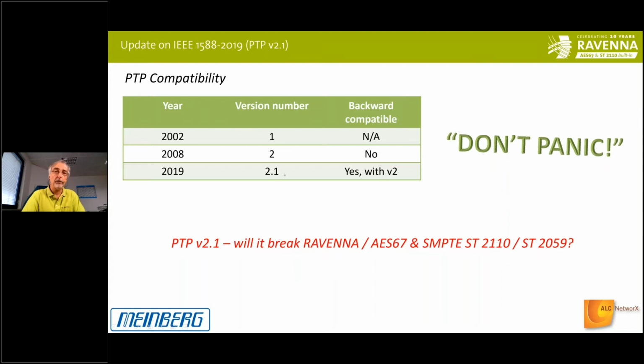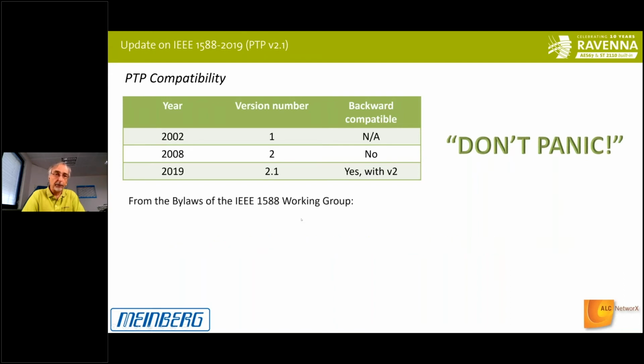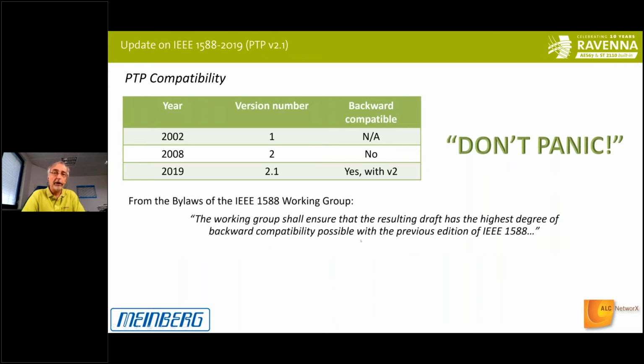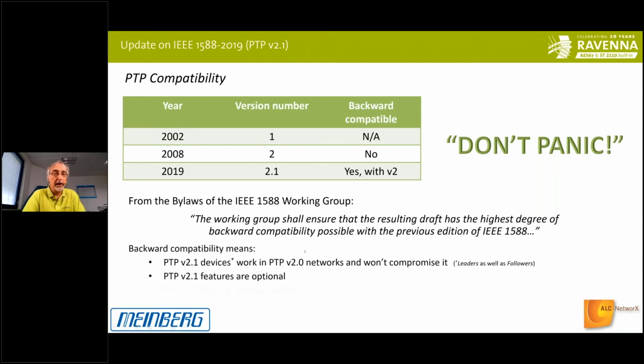So anything version 2.1 is compatible with version 2.0. The prerequisite was that full backward compatibility should be preserved with any new 2.x version. So backward compatibility actually means that any PTP 2.1 devices will work in 2.0 networks and won't compromise it.